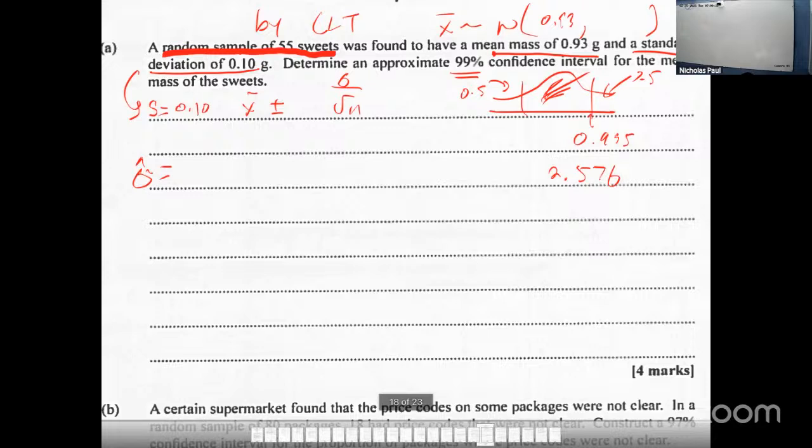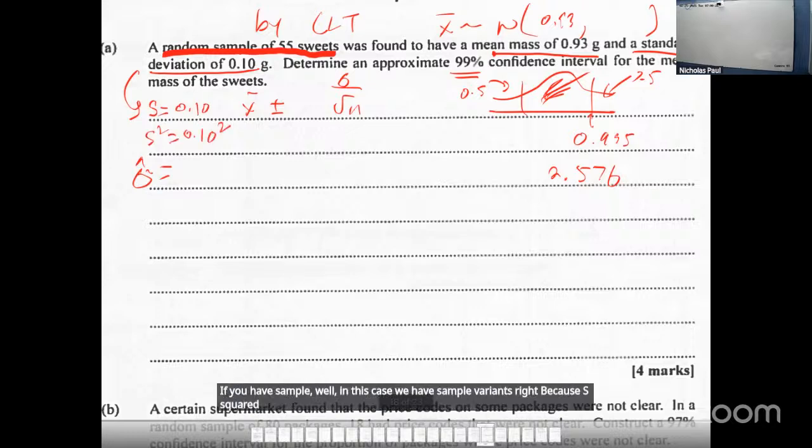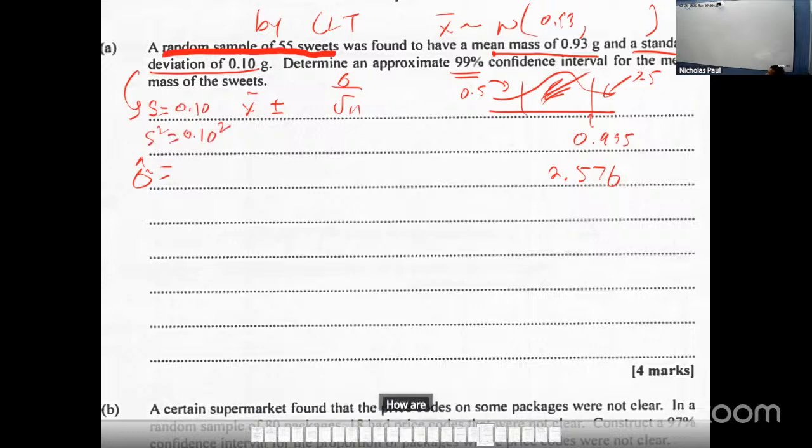In this case, we have the sample variance, because s squared is 0.1 squared. How are we getting the estimated variance for the distribution? Anybody? Right, very good: n over n minus one times s squared.